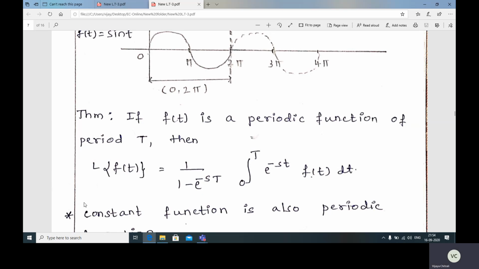So this is a standard result. Using this standard result we'll solve the examples, right? Here capital T is the period.